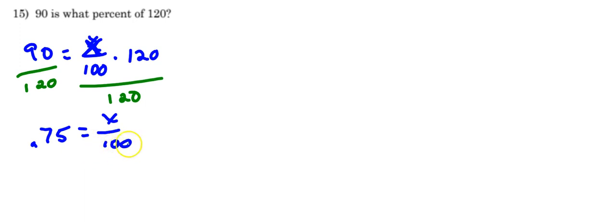Now we need to get rid of that fraction, so we're going to have to multiply both sides by 100. And we end up with 75 equals x. And that should be written as a percent.